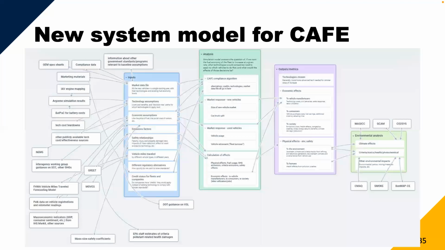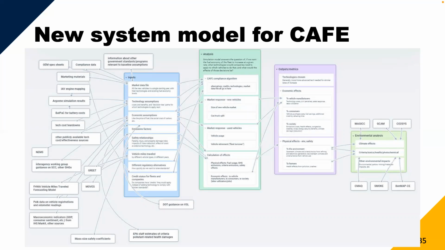Yeah, last thing I wanted to point out, the modeling effort going into the CAFE standards has been increasing in complexity and sophistication over time.